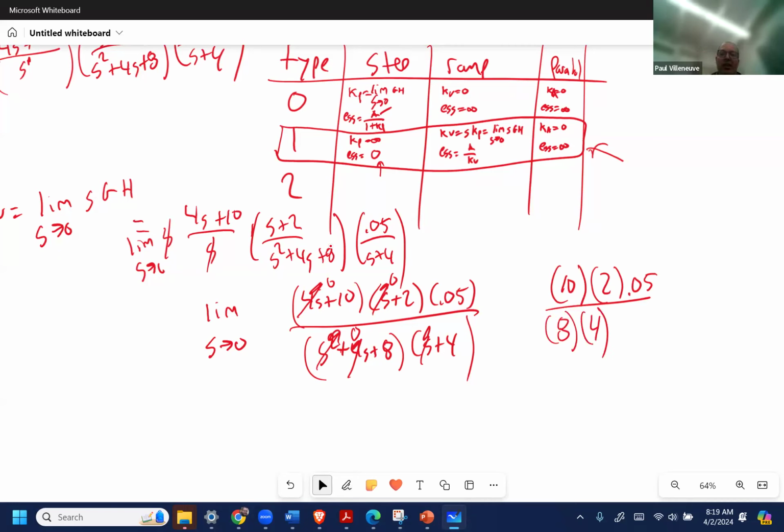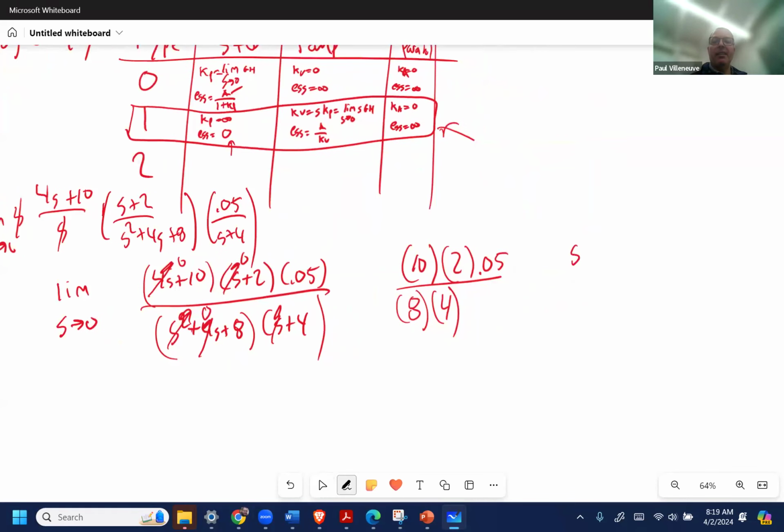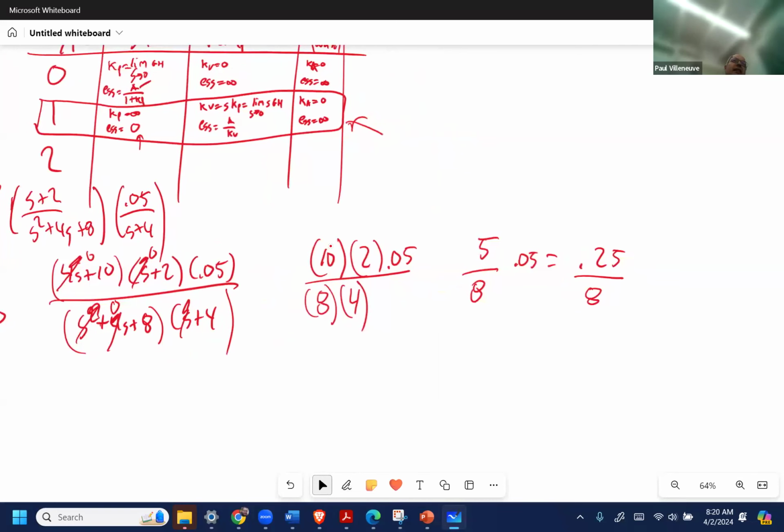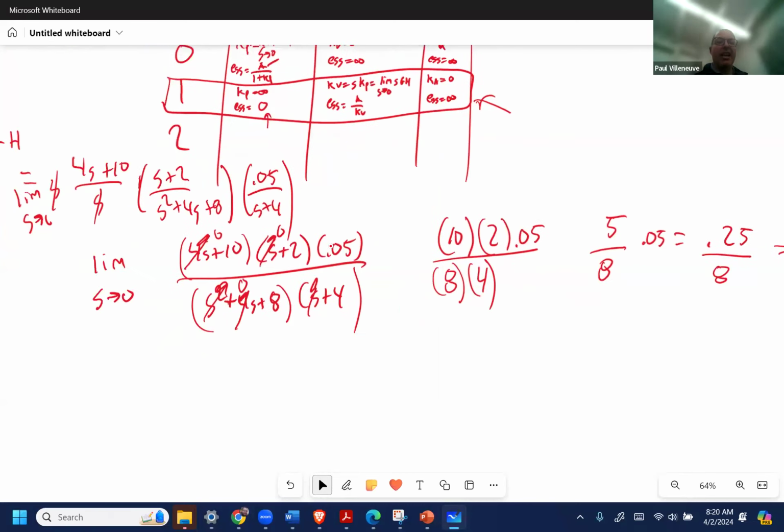So let's see if we can do this in our heads. So we have 20 divided by 32, which is 10 divided by 16, which is 5 divided by 8. So 5 over 8 times 0.05, which is equal to, excuse me, I think that's 0.25 divided by 8. Let's see, can I figure it out even more from there? Probably not. So it's a quarter. Actually, no, it's 1/32, right? So that's what my K sub V is now.